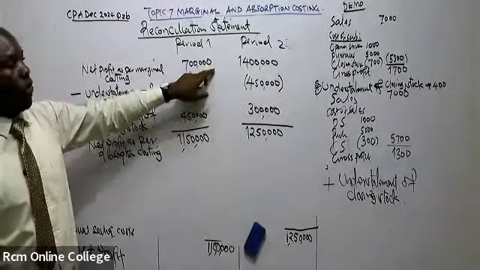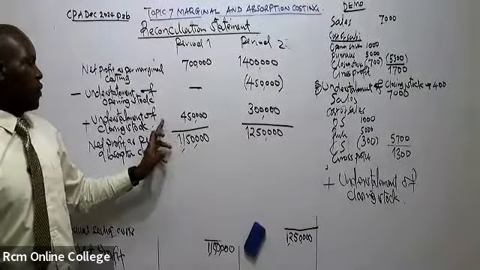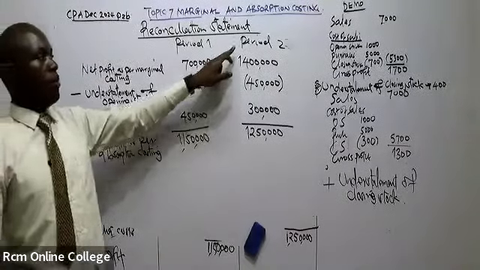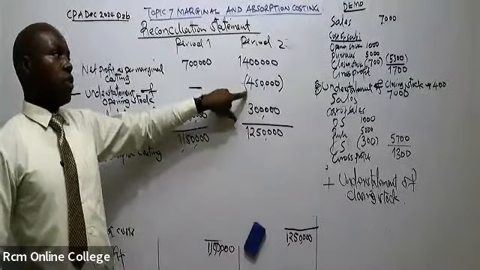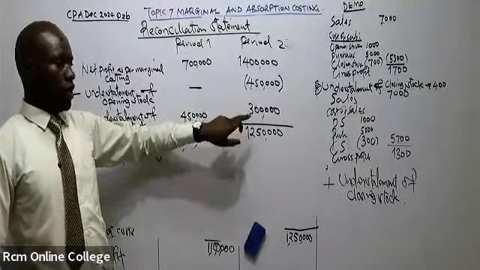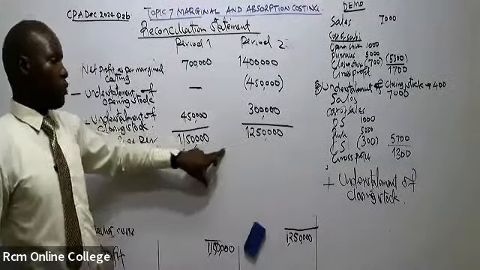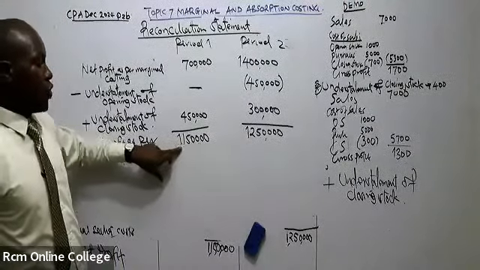It was because of the understatement of closing stock of 450,000. Then period 2, we were getting 1,400,000. It was as a result of two things: understatement of opening stock, understatement of closing stock. When we now do the two adjustments, we are getting the net profit as per absorption costing.